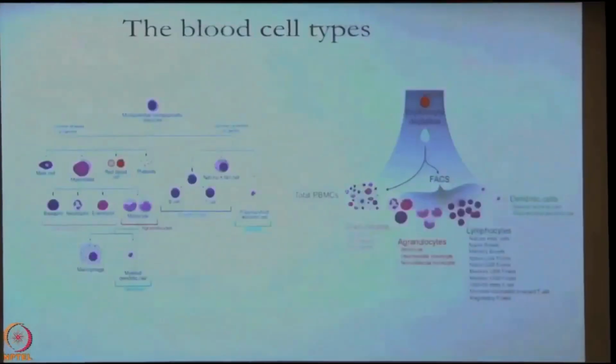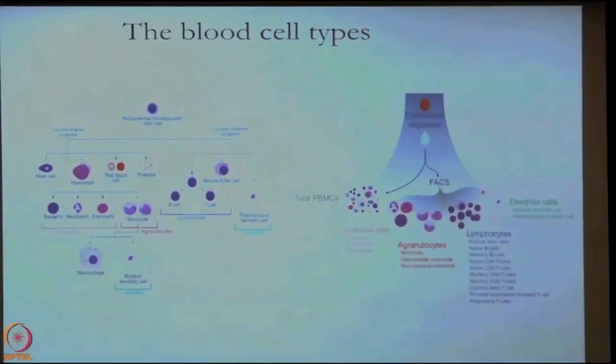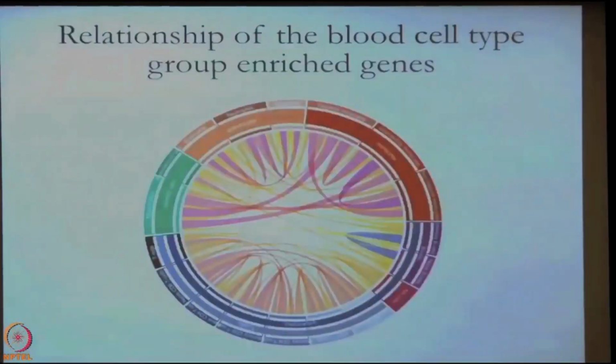The other very interesting part, and this is also going to be extremely exciting to see how the world responds to, is that we've used FACS to sort out 18 different subsets of blood cells and done full transcriptomic profiling of these, so that one can now start to understand how they relate to each other on a more global scale, showing what genes there are and how different types of blood cells relate to each other.